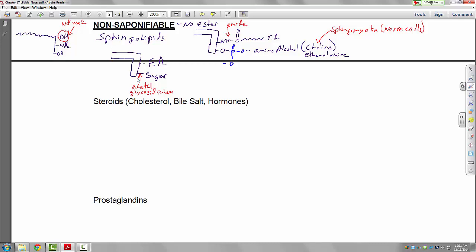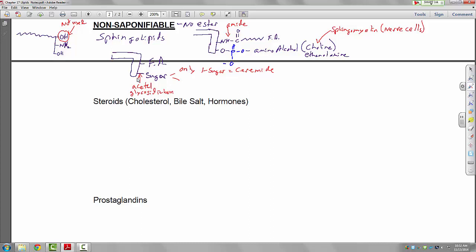Now if there's only one sugar, we call it a ceramide. These are also found in nervous tissue. If there's two or more, generally there's not thousands like you'd find in a starch, but you can have 4 or 5.